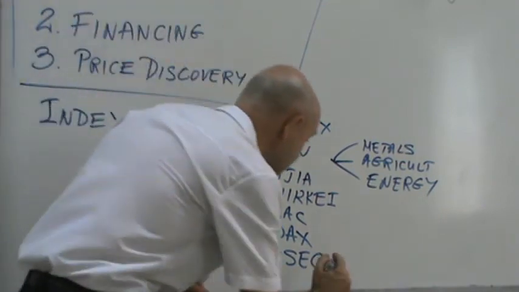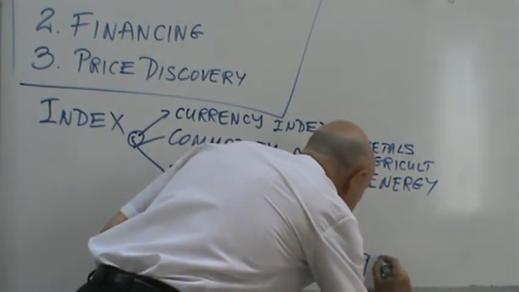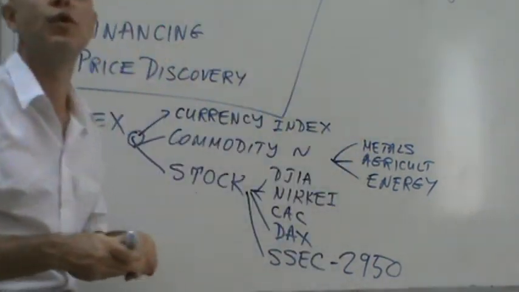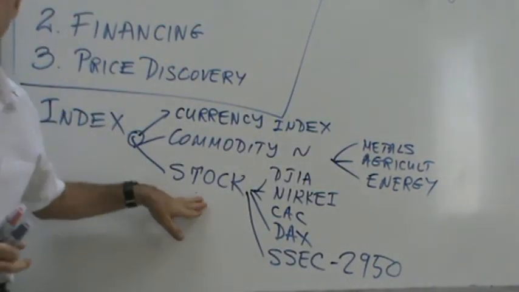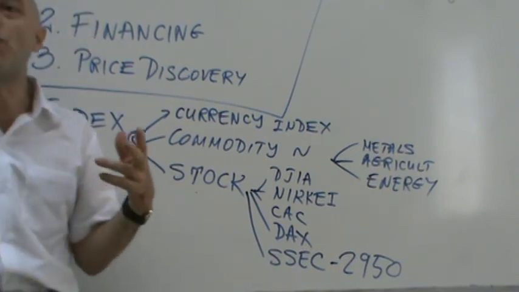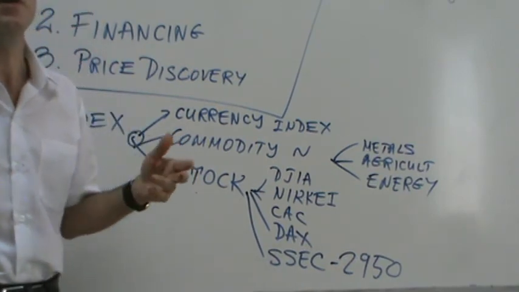Just checking this morning, it's at 2,950 or whatever. All right, so you have different stock indices, and of course, for one country, it could be many.